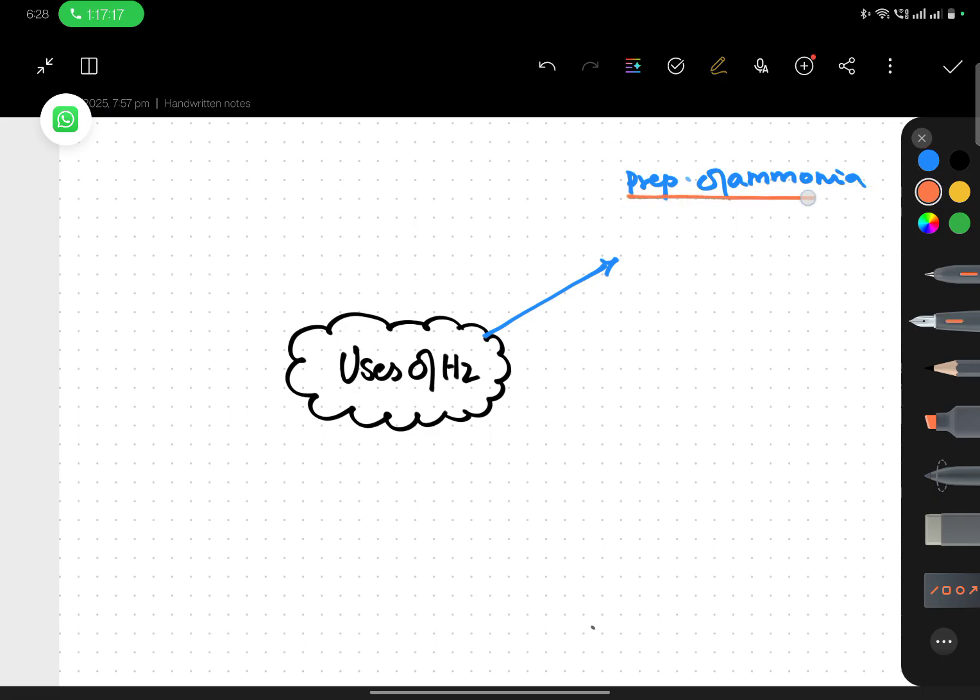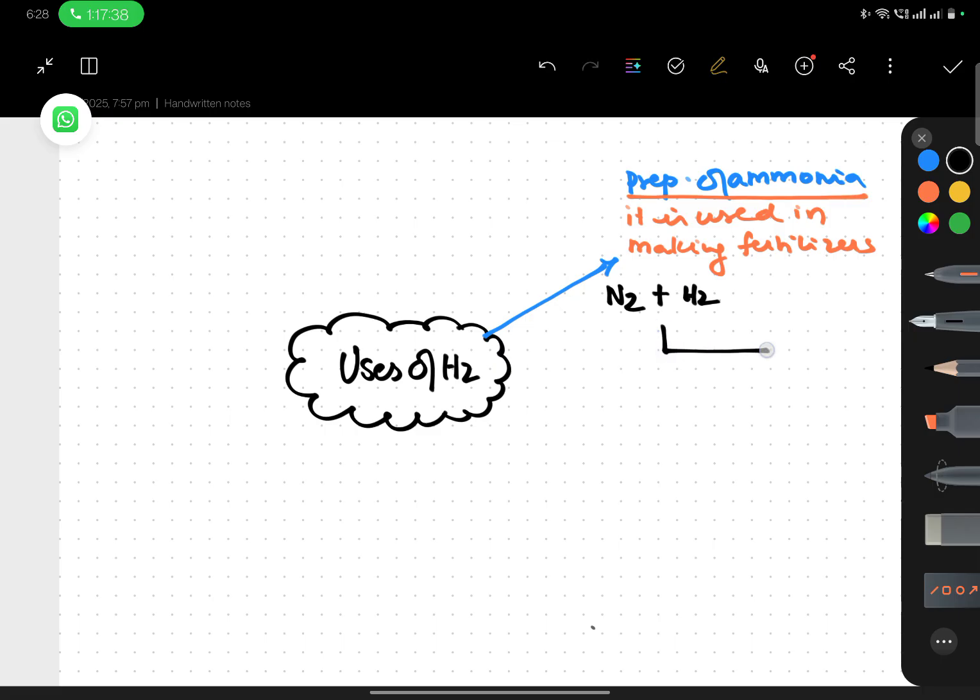Why ammonia, very specific? Because it is used in making fertilizers. So N2 plus H2 gives you NH3.